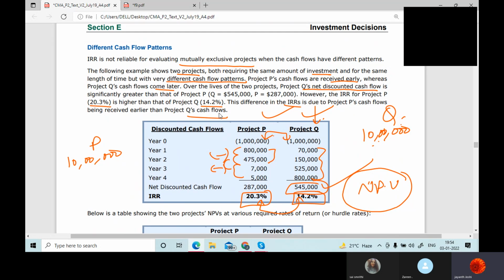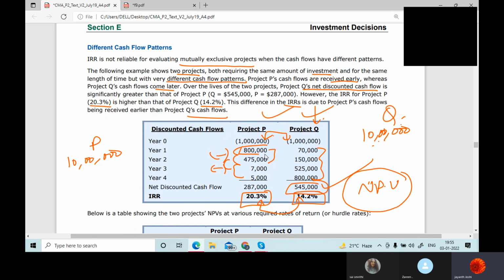Why? One of the reasons project P's IRR differs from project Q's is that I have received a lot more cash in the beginning years in project P compared to project Q, where I receive the cash flows slowly. So what would I have done here?